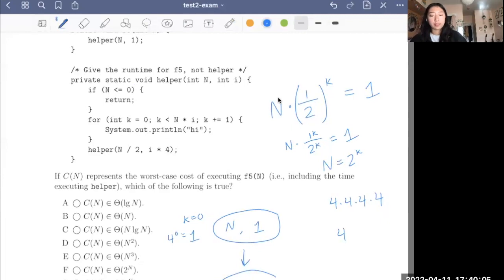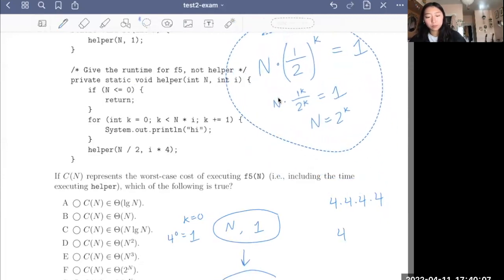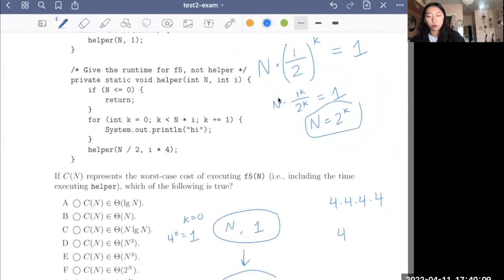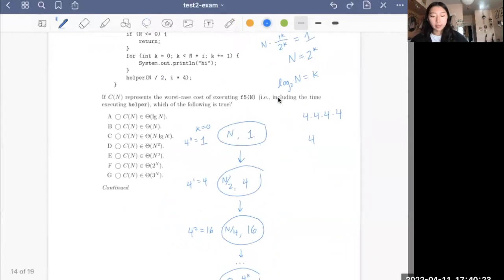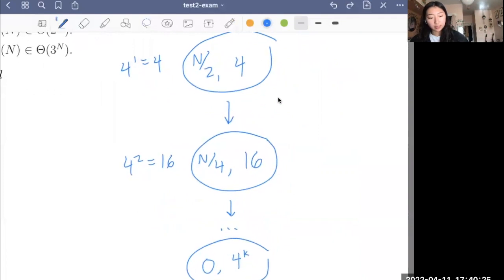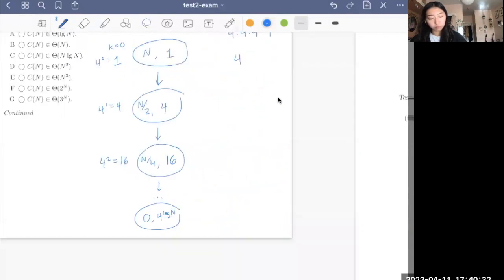And this just requires some math knowledge, but when you have something of this format, it can be rearranged to say log base 2 of n equals k. So all of this was just to figure out that the height of this recursive stack is log n, which means k is log n. And so what we have here is 4 to the log n.